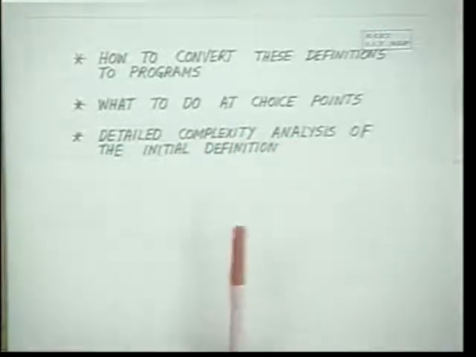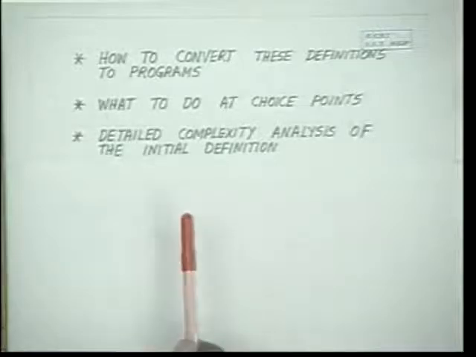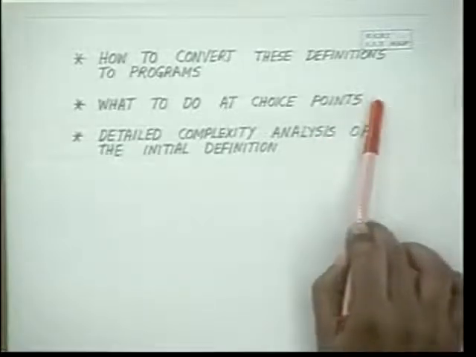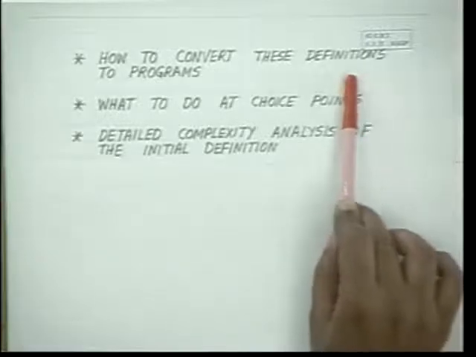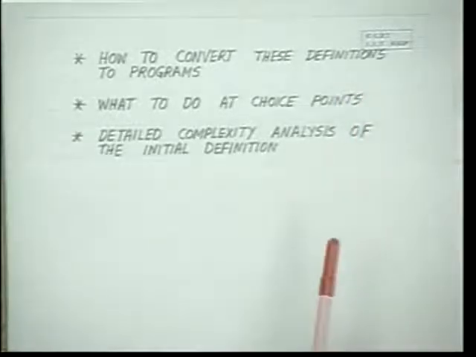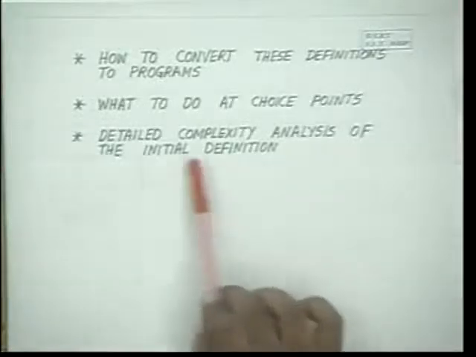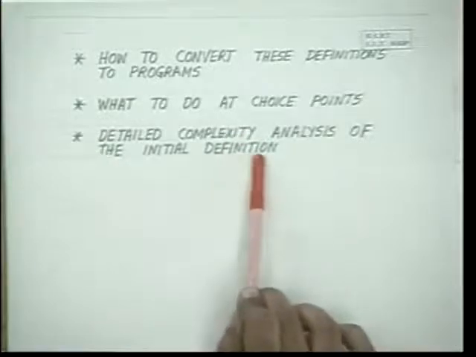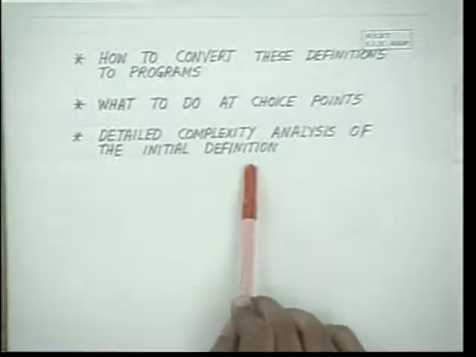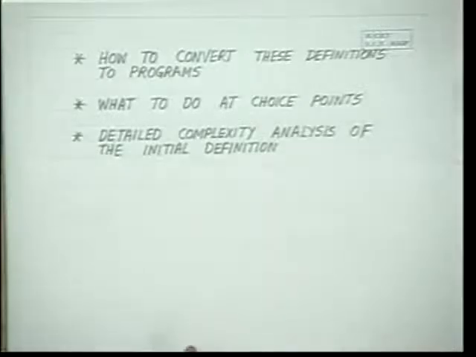Complexity means how much time an algorithm will take if we take this choice point, if we take that choice point, if we use this data structure for a list, if we use that data structure for a list. What are we going to do? Unless we do this, we are never going to reach our required goal of getting the best possible solution. And only after we have done this, we have made two things.